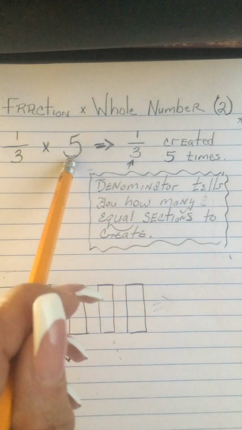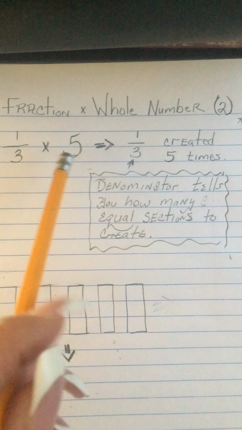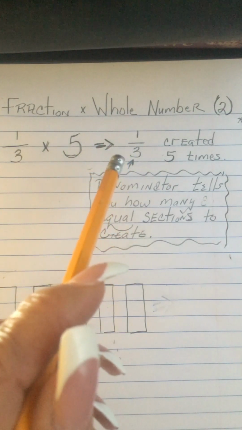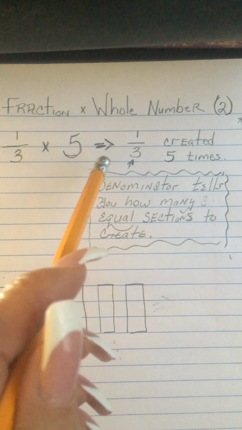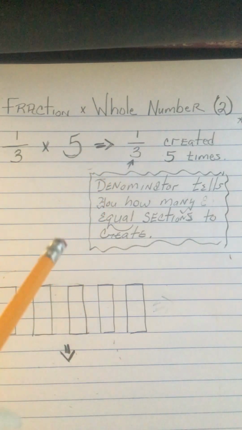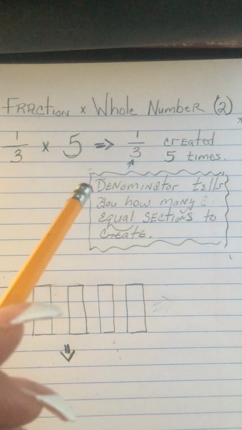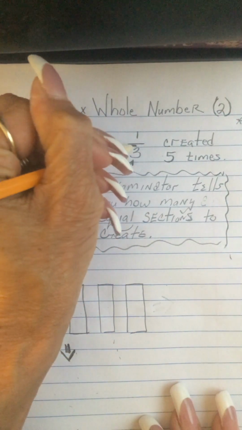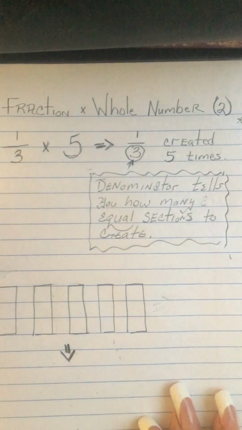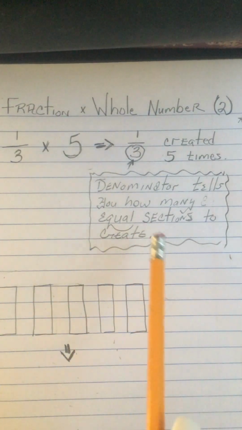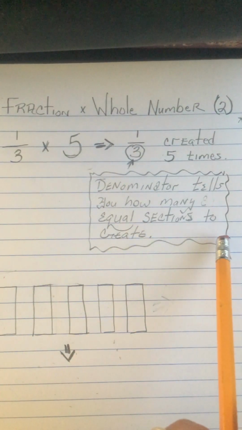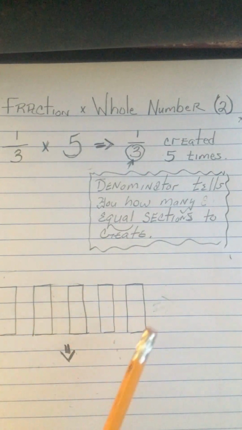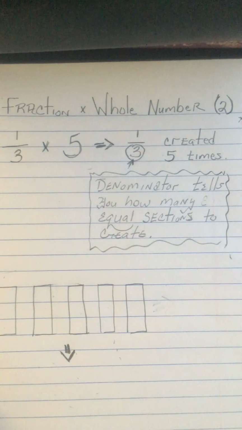is 5. And again, like in the first example, whenever we have a fraction, our fraction here is 1/3. When we create that fraction in our graphic organizer, it is the denominator, in this case 3, that tells us how many equal sections to create in our whole item, our whole unit.